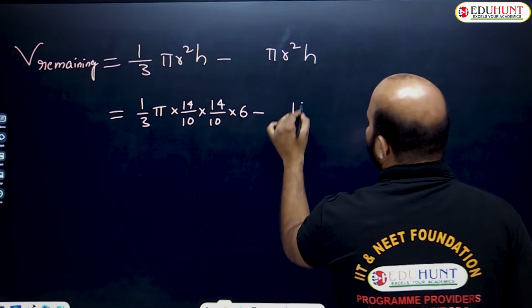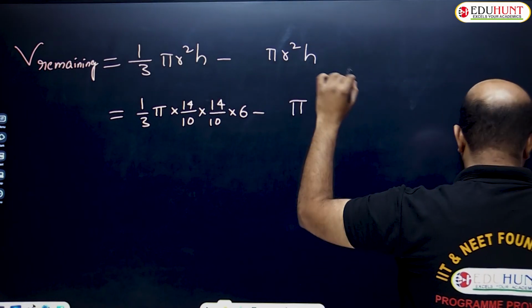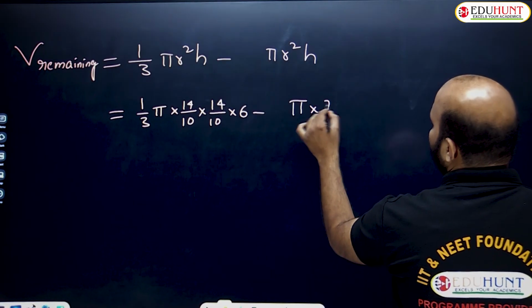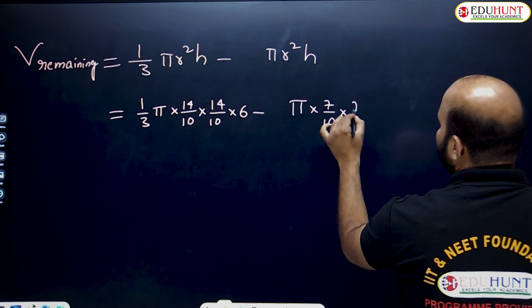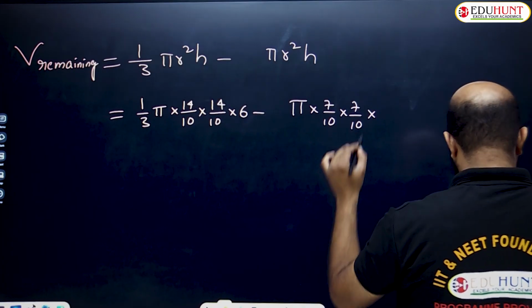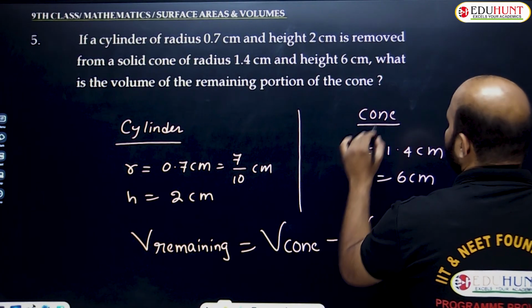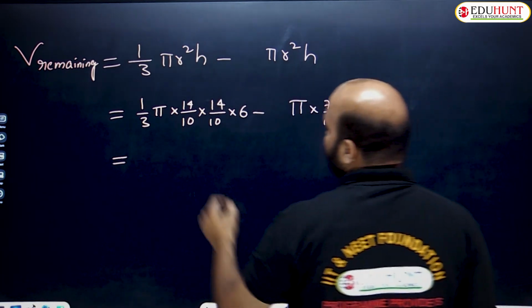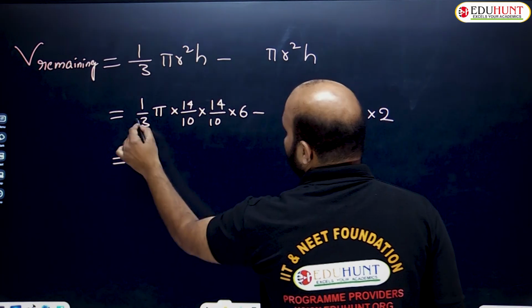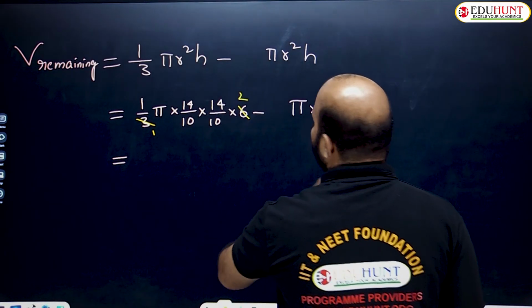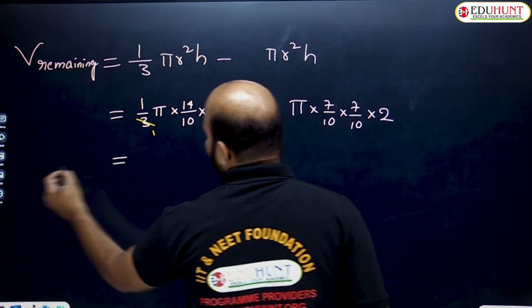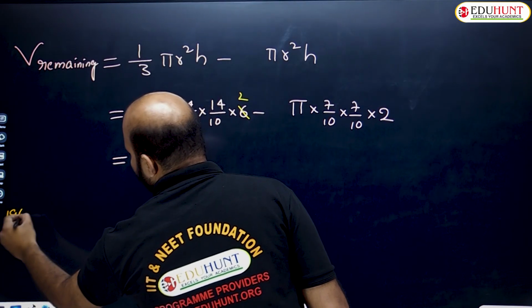Minus pi into r, where r is the radius of the cylinder, 7 by 10 into 7 by 10, height equals 2 centimeters. Am I clear? So clearly 3 ones, 3 twos are 6. Here 14 into 14 is 196, 196 doubled.